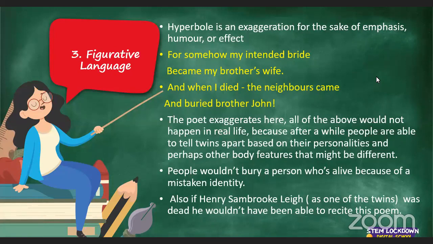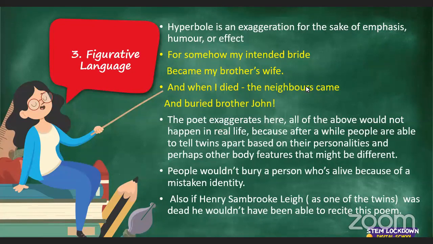Okay, as we can see here, the poet exaggerates. All of the above would not happen in real life because after a while, people are able to tell twins apart based on their personalities and perhaps other body features that might be different. So people wouldn't bury a person who's alive because of a mistaken identity. As you can see from the lines again, he says, and when I died, the neighbors came and buried Brother John.